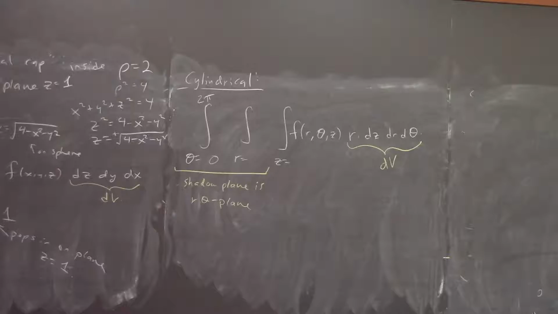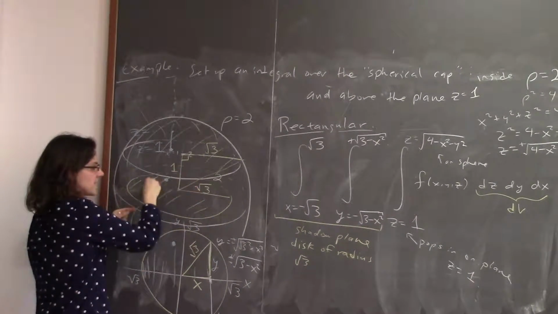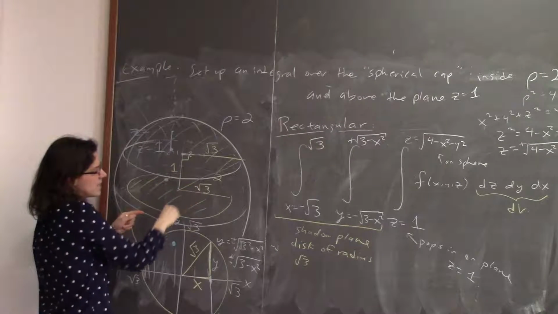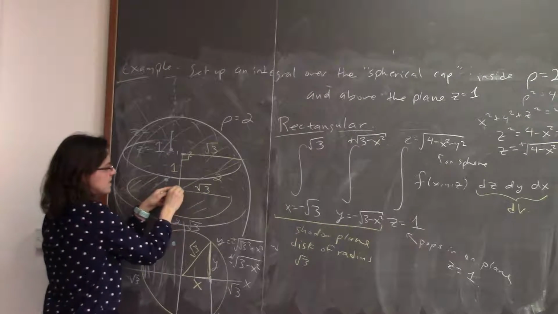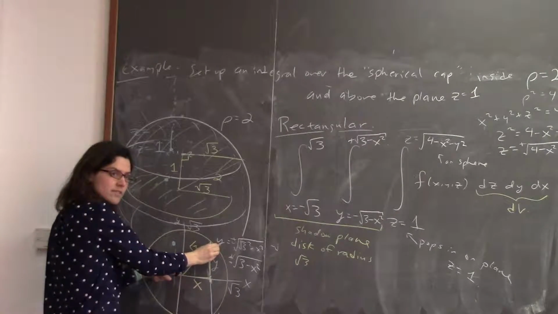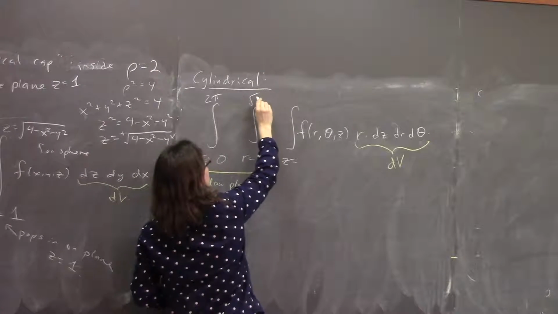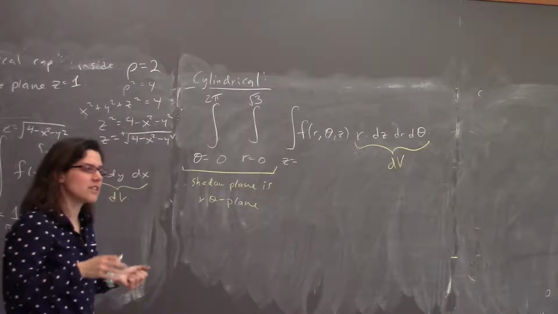So we want all the r's and thetas to get this same yellow shaded disk region. And then we want r to go from here to here, or in our other picture, here to the outside of the circle. So r goes from 0 to square root of 3, because we already figured out that the radius of our shadow is square root of 3.